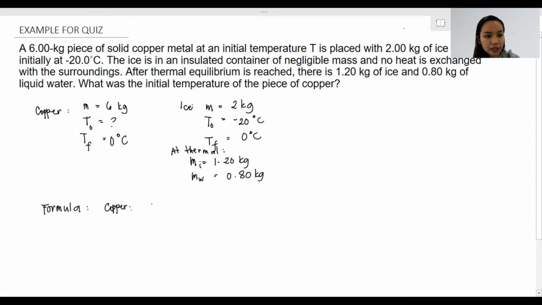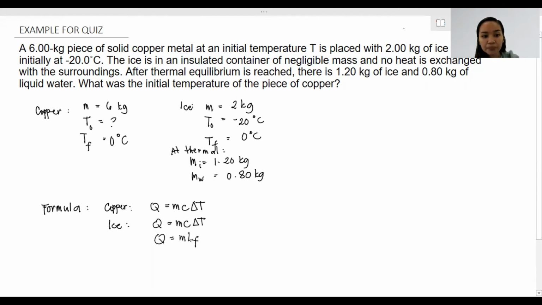So for the copper, we will only use Q equals m c delta T. Now for the ice, since 0.80 kilogram of our ice turned into liquid water, we had a phase change. So we have both the temperature change formula and the phase change formula.